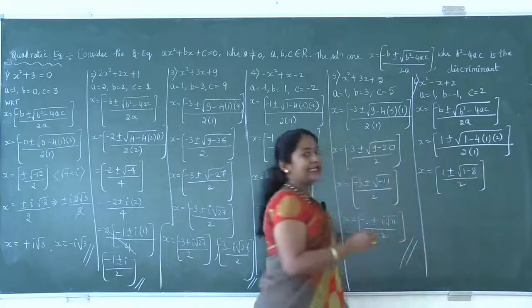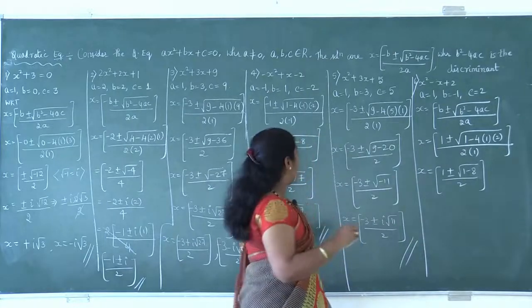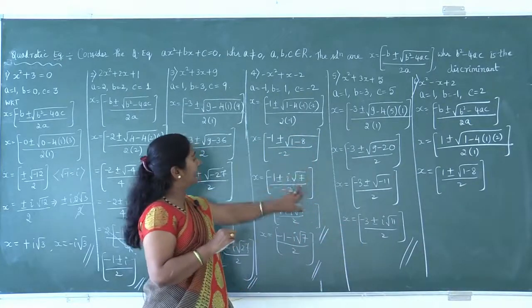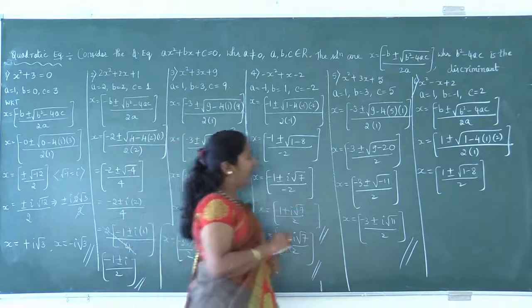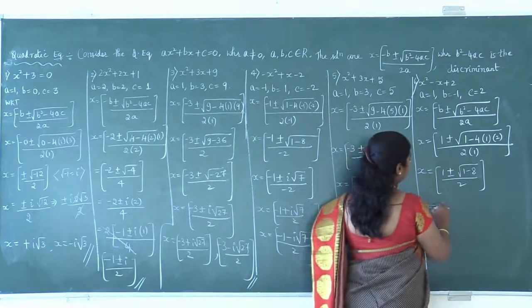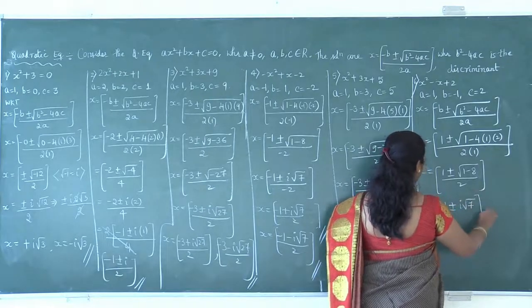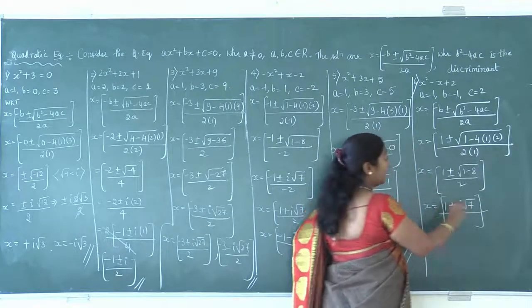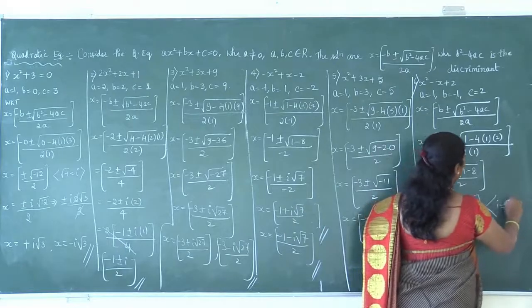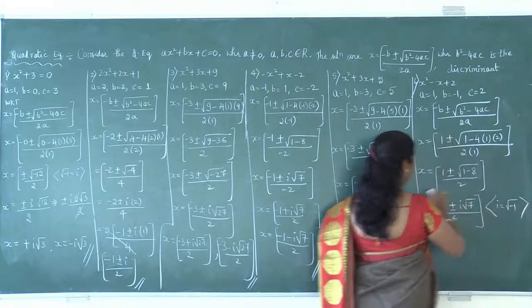What is 1 minus 8? Root of minus 7, and this root of minus 7 can be written as what? i into root 7. So x is equal to 1 plus or minus i root 7, whole thing divided by 2. Why? Because i is root of minus 1.